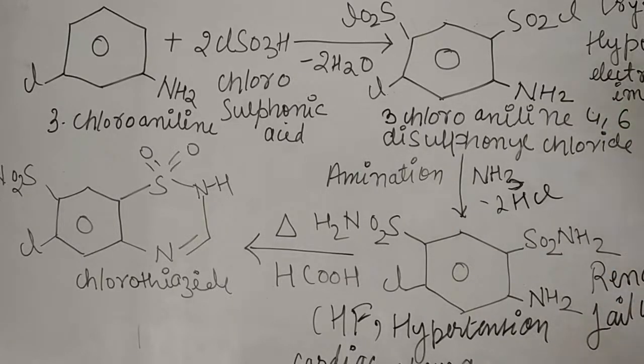Basically this is the common use for all the thiazide derivatives and this is the adverse effect which is common for all the thiazide derivatives. So if in examination it asks you to write down the medicinal use and the adverse effect of thiazide derivatives, you can write these medicinal uses and adverse effects.